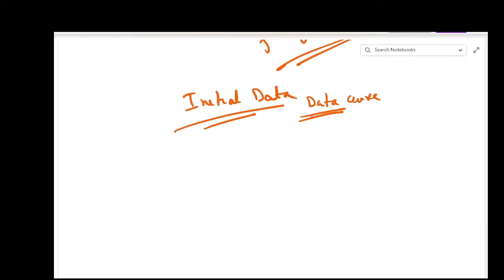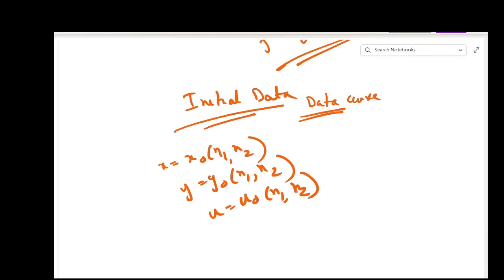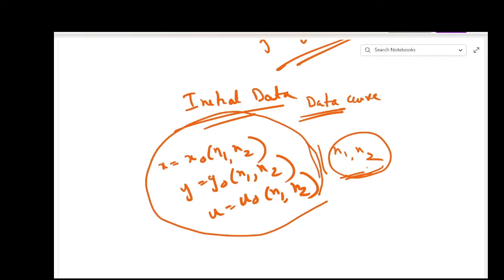Because what is provided to us is x equals some function of eta 1 and eta 2, y equals some function, and also u equals some function. It is a three-dimensional case, and with two parameters, eta 1 and eta 2, it is definitely a surface you are talking about, not a curve.